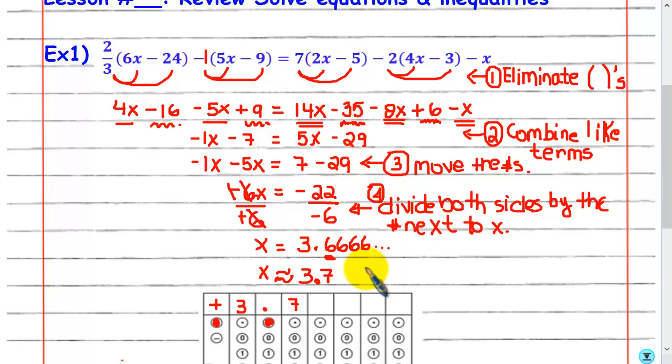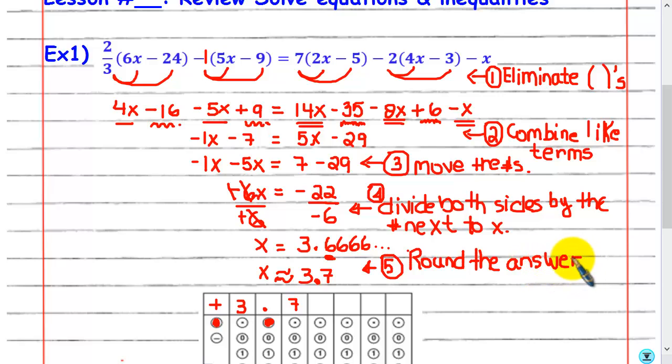And then step number 5 here, what we did is we round to the nearest tenth, the answer.